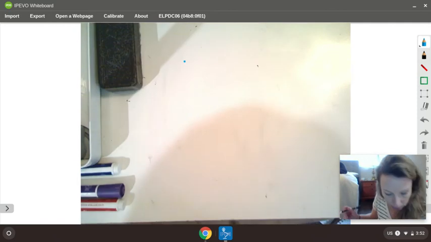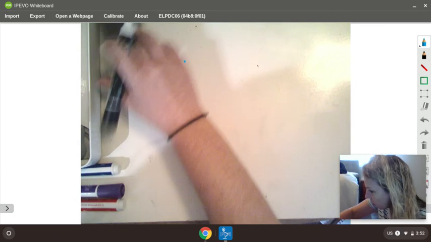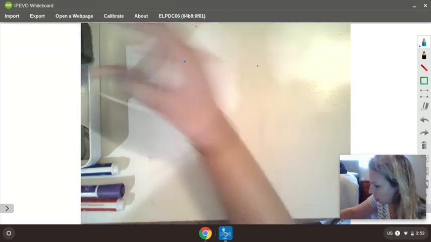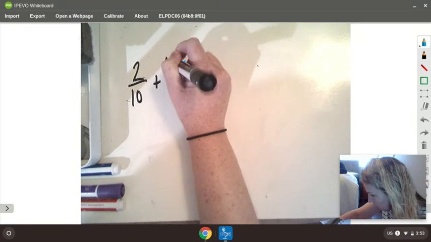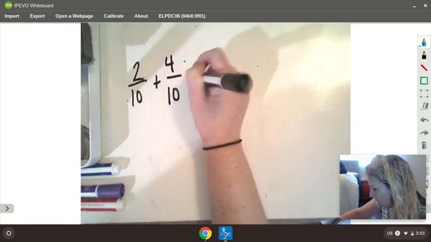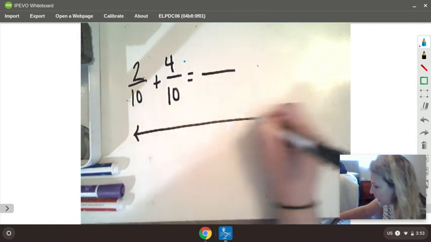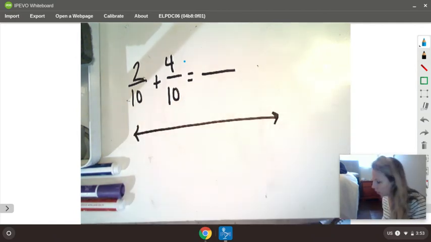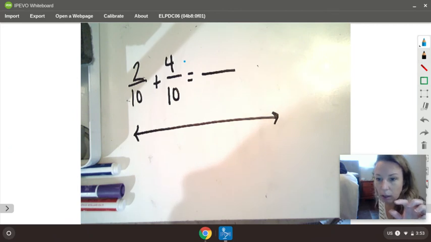All right. The next example I want to show you is 2/10 plus 4/10. The first thing I would ask you is how many parts are we separating our number line into, or what size pieces are we using if you're using the little tiles?